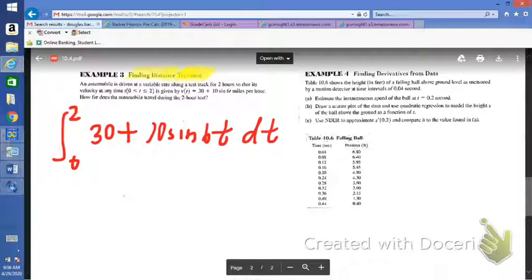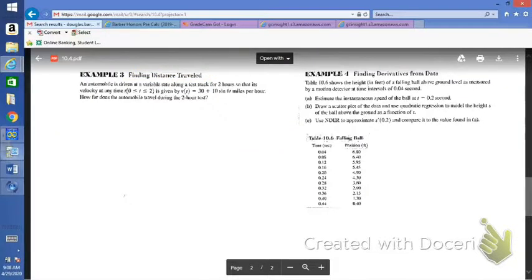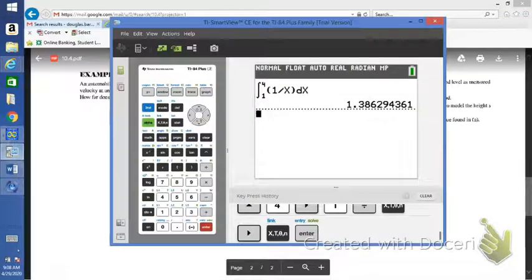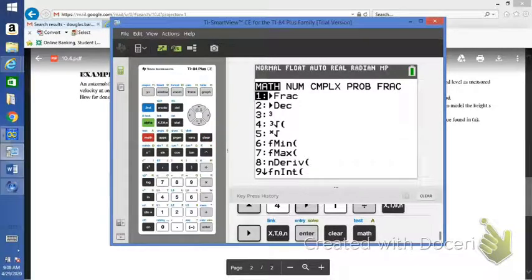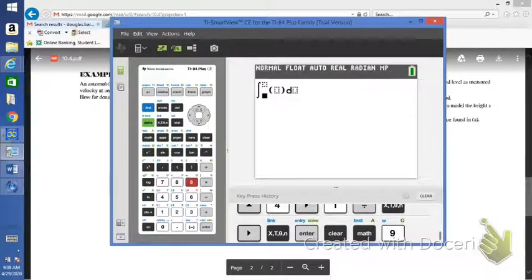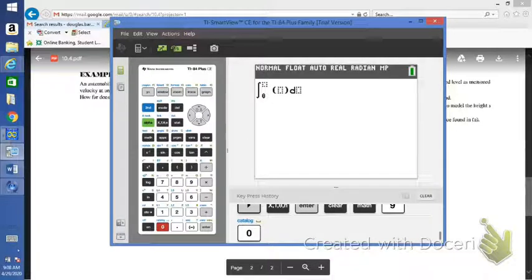We are going to use our calculator. So we're going to hit math, number 9. Our lower bound is 0. Our upper is 2. Our function.